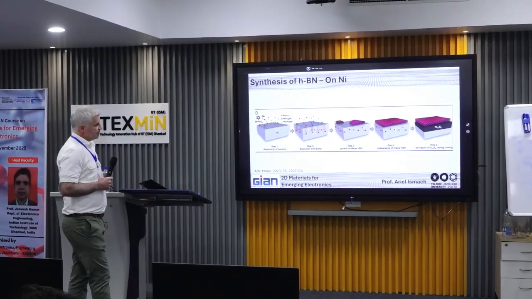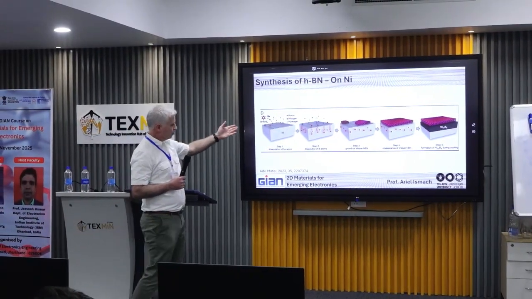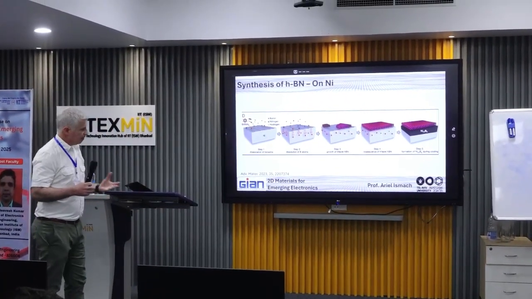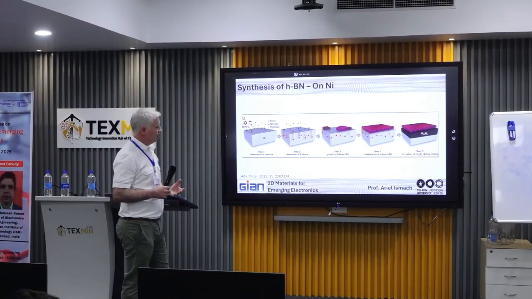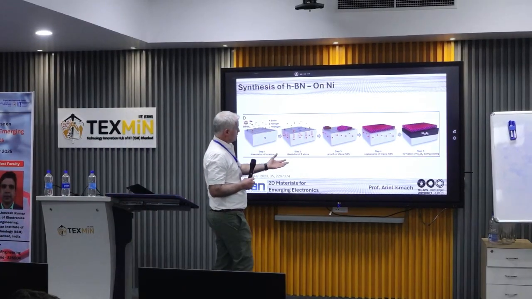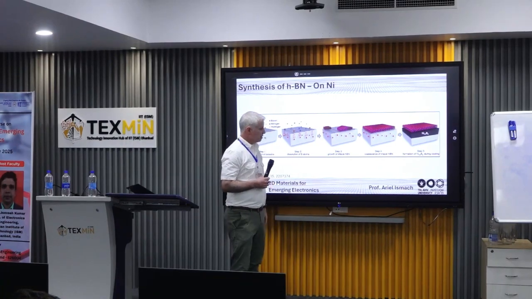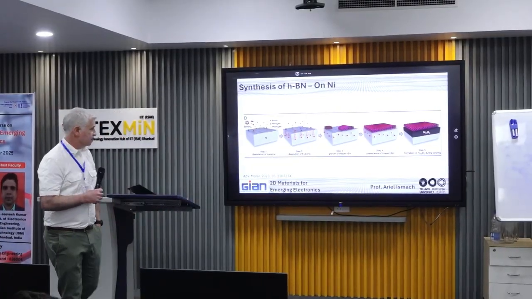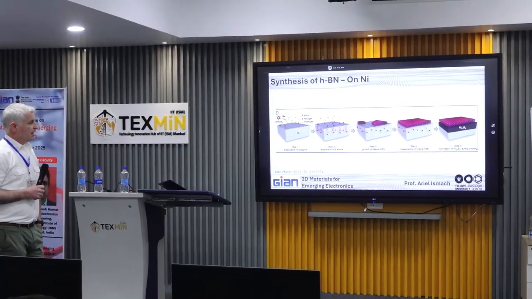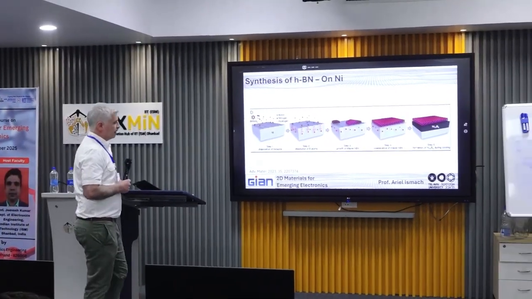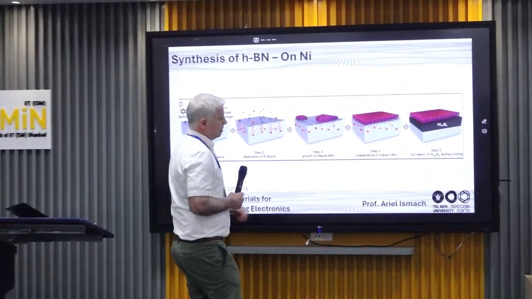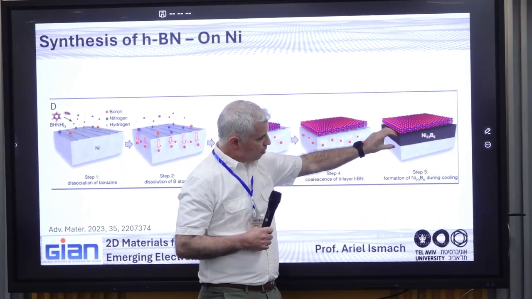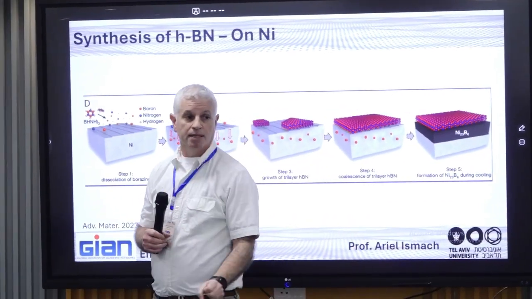And what happens next is that we have some growth on the surface, but the main, or final, growth comes from the segregation of the boron to the surface and reacting with the nitrogen that is on the surface in the environment. In many cases, what you get at the end is a layer or a few layers of HBN and a nickel boride interface with the nickel.